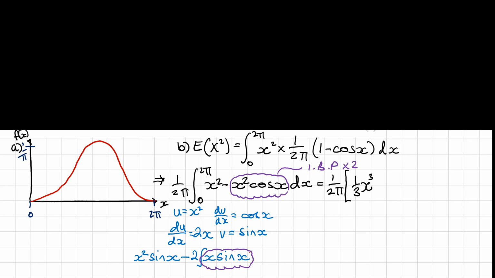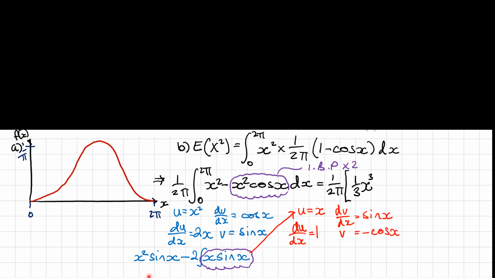So we'll do that here. So u this time is going to be x, dv dx is going to be sine x, du dx is 1, and v is going to be minus cos x.